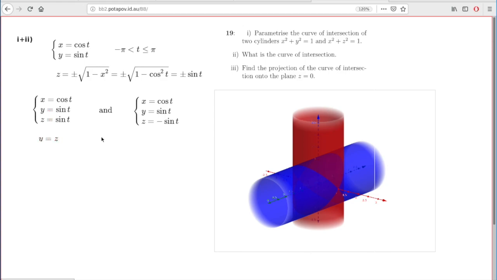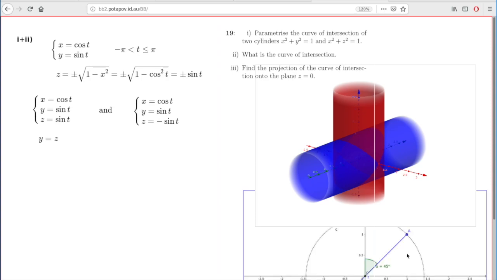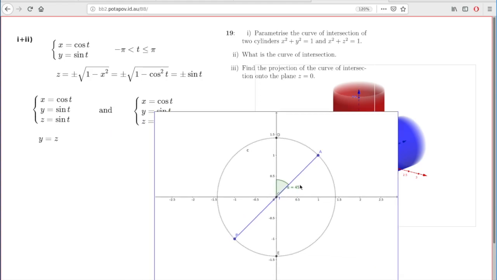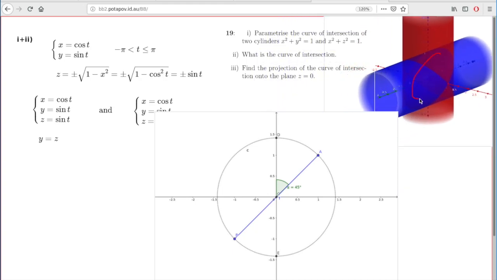y equals z. So I see that my curve sits in the plane y equals z. Or if I look in a section, that will be this bisector. So my curve, these two suspected ellipses, particularly we're now looking at this ellipse where y equals z.